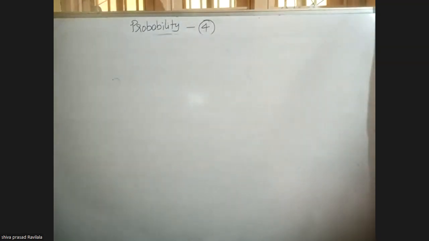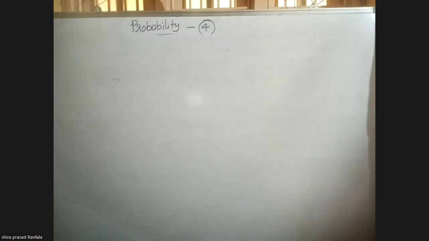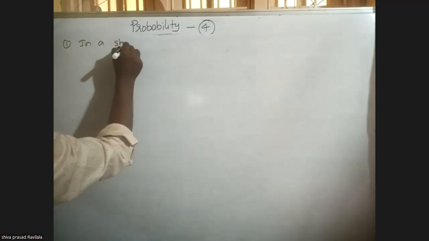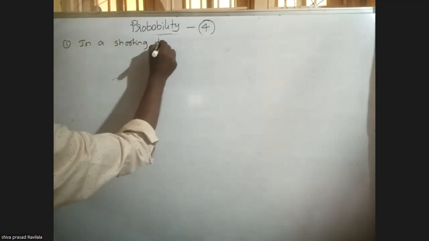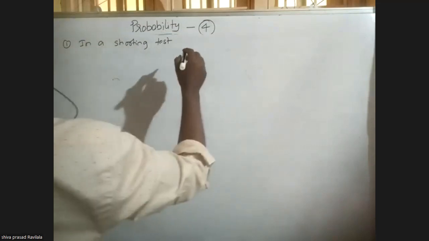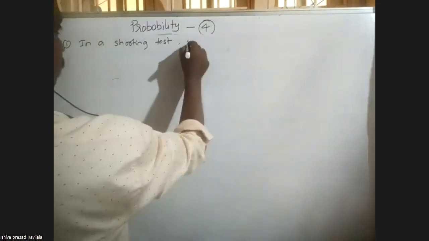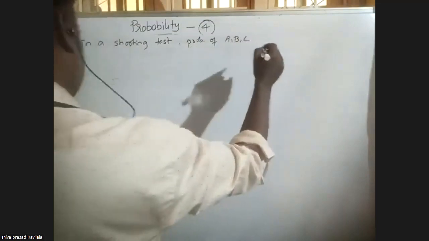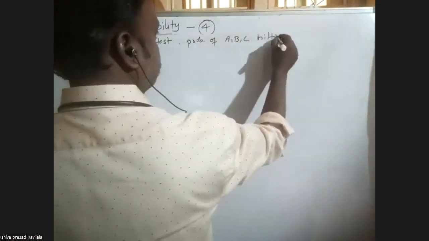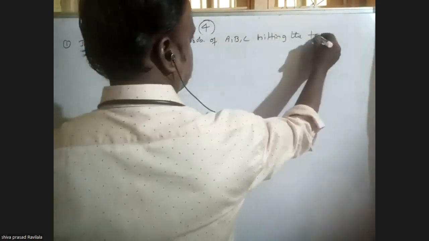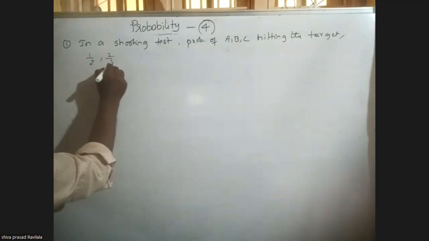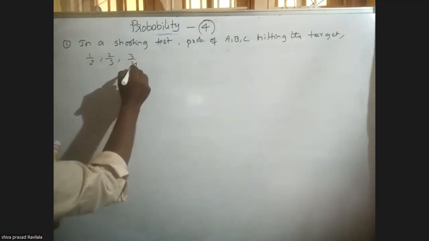And one sum, right? In a shooting test, the probability of A, B, C hitting the target is 1 by 2, 2 by 3, 3 by 4 respectively.